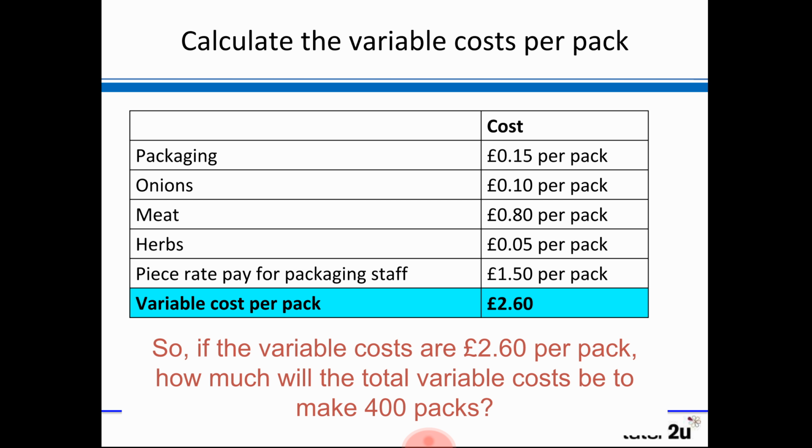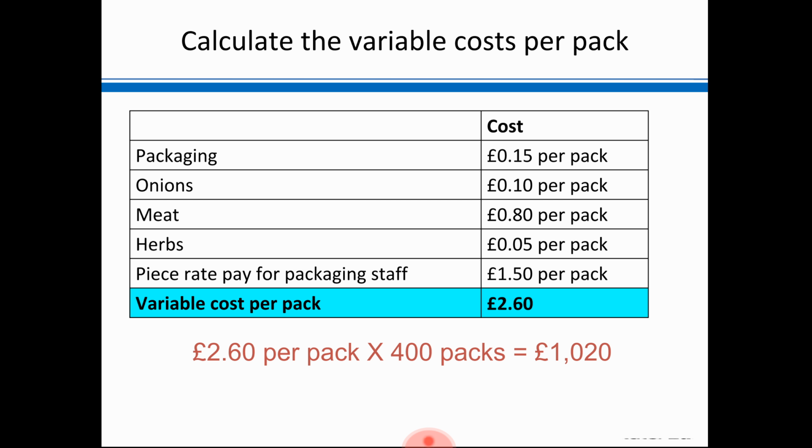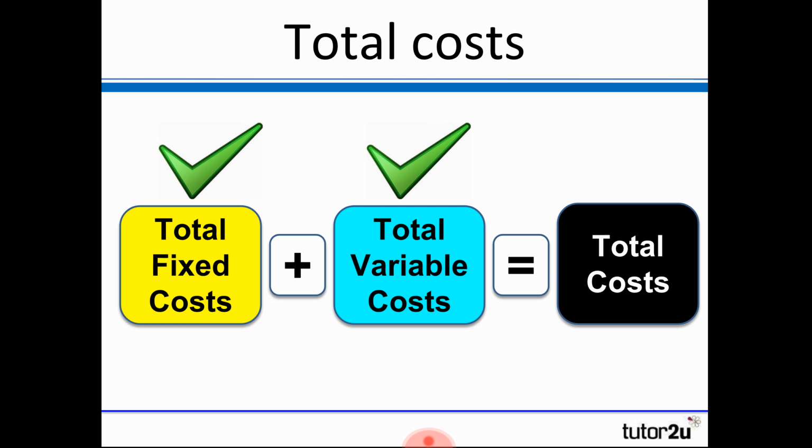So, if the variable costs are £2.60 per pack, how much would the total variable costs be if we have to make 400 packs? All we do there is £2.60 per pack times 400 packs, £1,040. Good. So we've done total fixed costs and we've done total variable costs. Now we're actually going to add them together to give us the total costs overall.